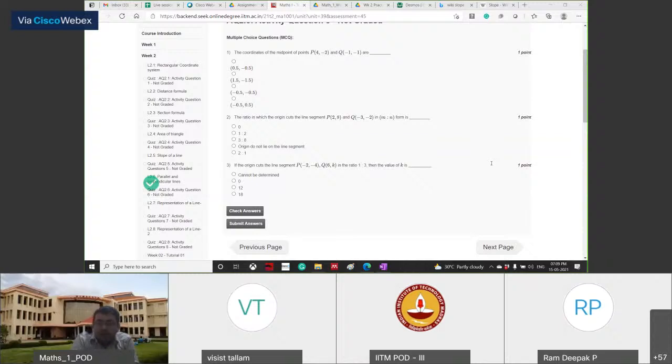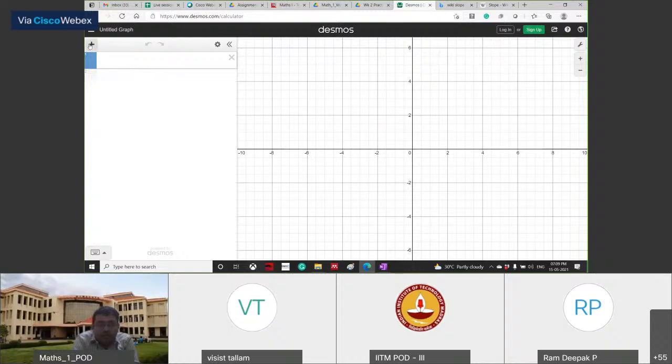Could you please explain? Have you plotted the line? I mean, have you tried to plot the line and see whether it is coming? Let's plot 2, 8 and minus 3, so 2, 8. And what is the other point?